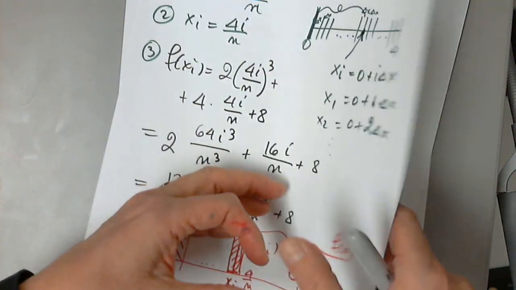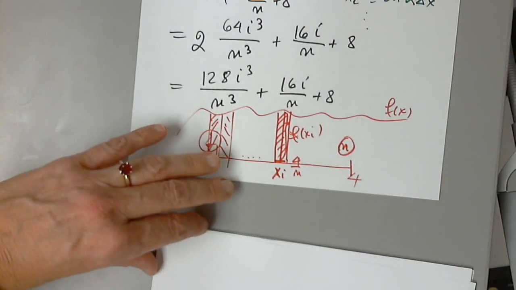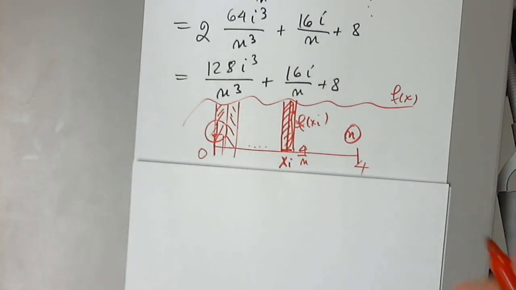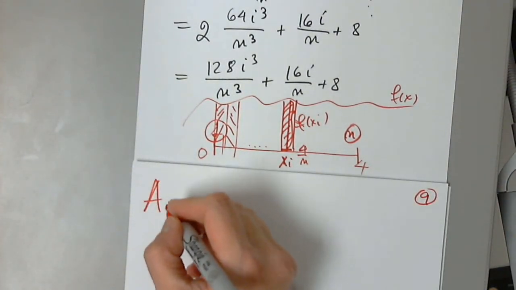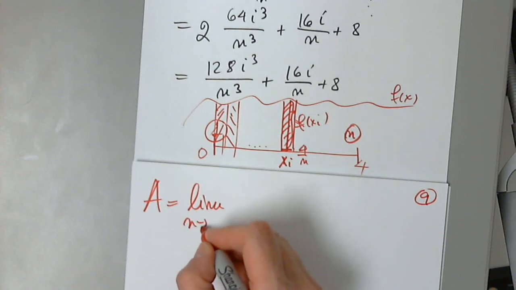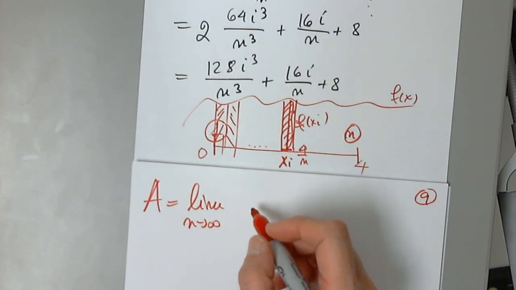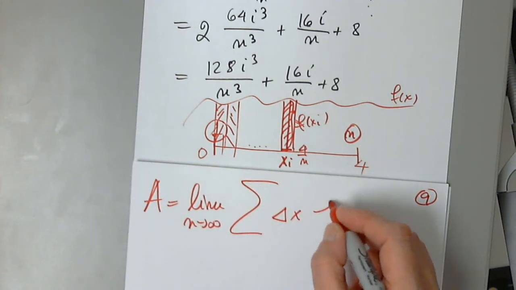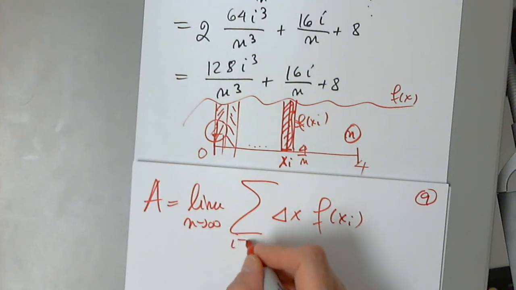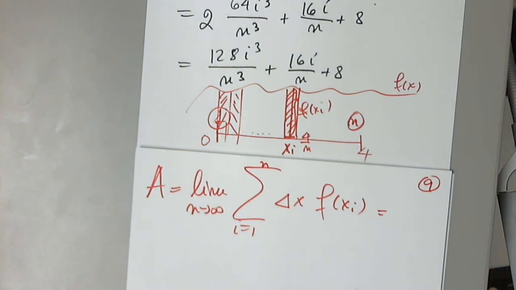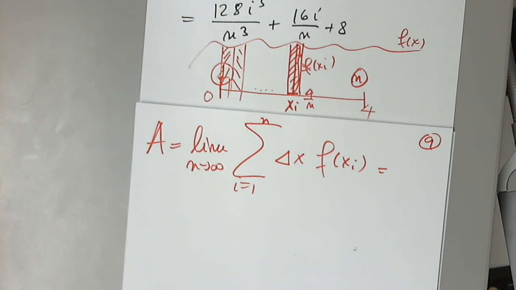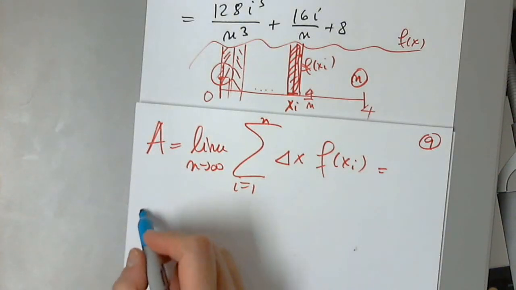So now let's write finally the limit of the Riemann sum. The area, limit, n approaches infinity, of the sum of delta x, f of x_i, from i equals 1 through n, because I would like us to see if we understand, to not necessarily skip some steps, but cut back on writing a little bit.